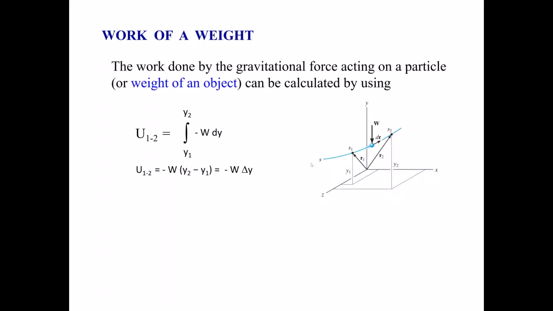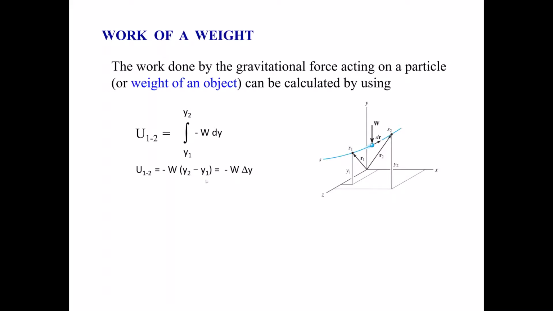Work done by gravitational force: if you just plug in, you'll find W is going to be a constant, and then this is the difference between the two vertical positions, which just becomes delta y, so y2 minus y1. In this case, you'll notice that the motion is opposite of the force acting down.